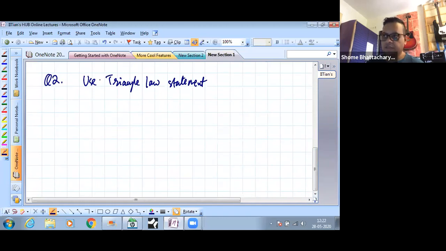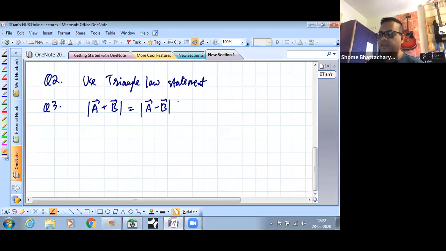In question 3, let's discuss this. In question 3, it says that magnitude of A plus B is equal to magnitude of A minus B. Then which of the options can be said to be true from this?